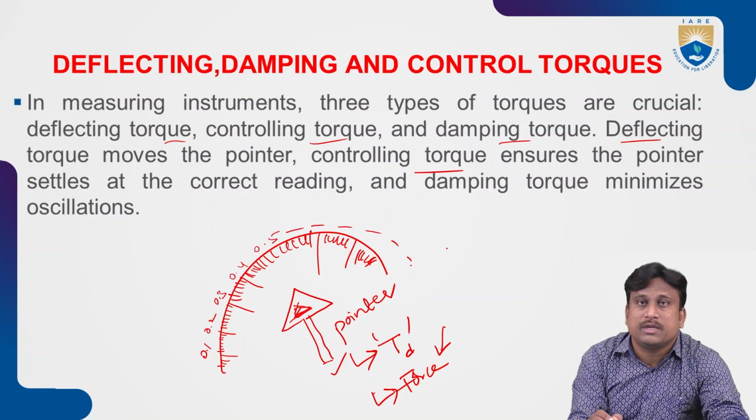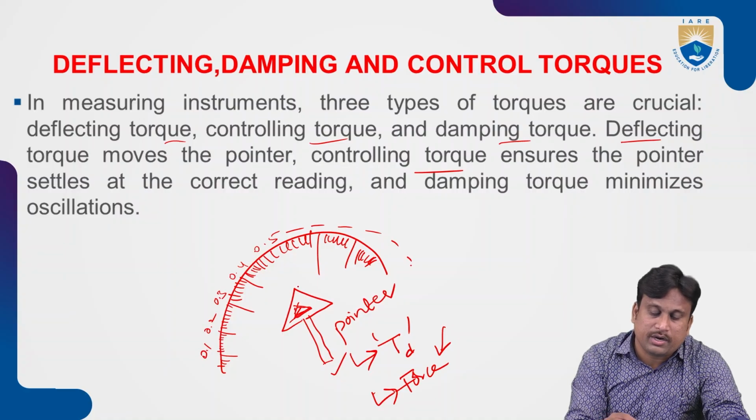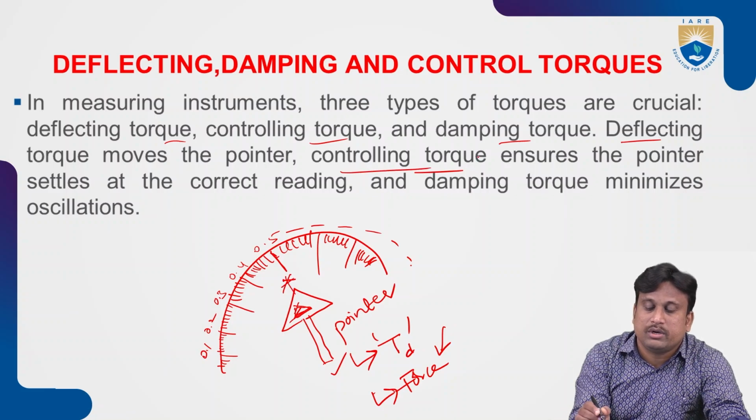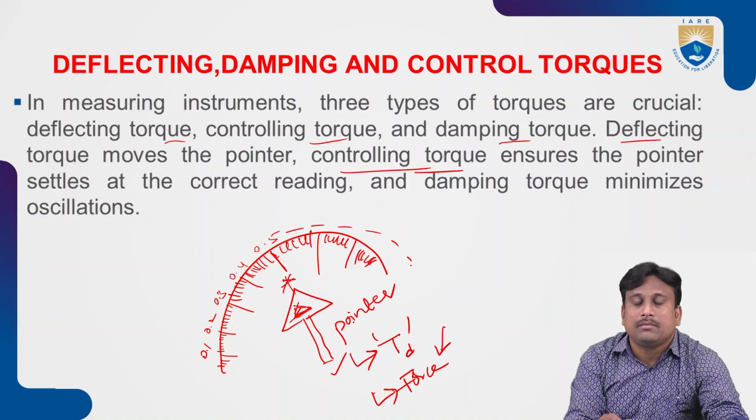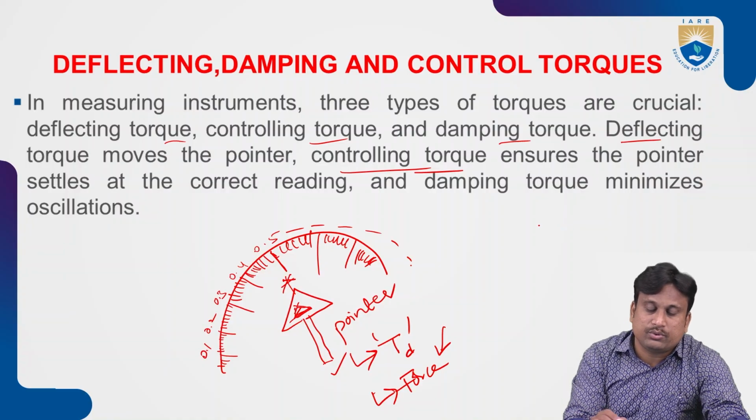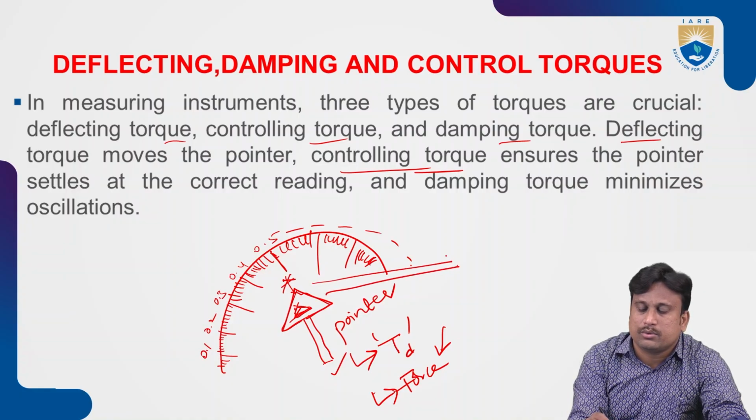The pointer may settle down at this 0.5 value, and this is initiated by the torque known as the controlling torque. This ensures the pointer settles at the correct reading, the exact value where it is going to stop. This is denoted by TC.